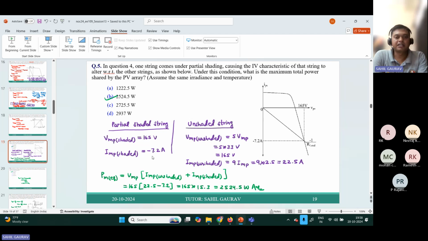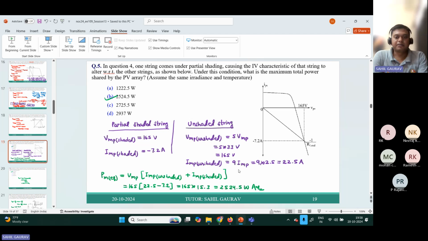For the parallel part, if one module goes into shading, it will have a negative current contribution. So IMP shaded is minus 7.2 ampere as shown here, while unshaded will be 9 into IMP, because one module goes into the shading region.